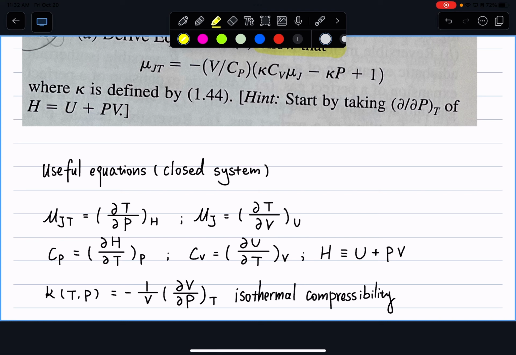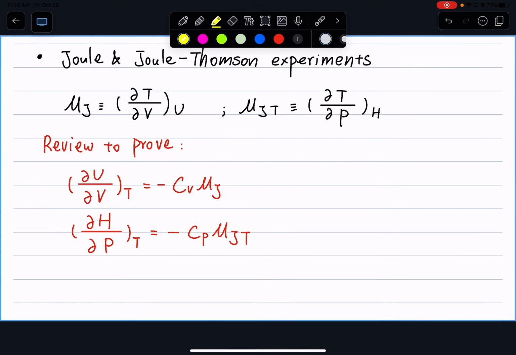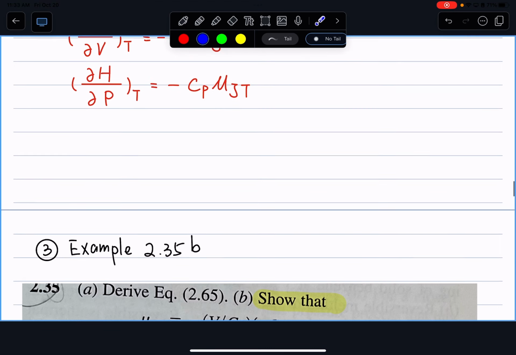Taking it together, what we have is the partial derivative of h over p at constant T gives you the partial derivative of u over p at constant T minus p chi v plus v. And if we go back just one page, we know that the partial derivative of h over p at constant T equals negative Cp mu JT.